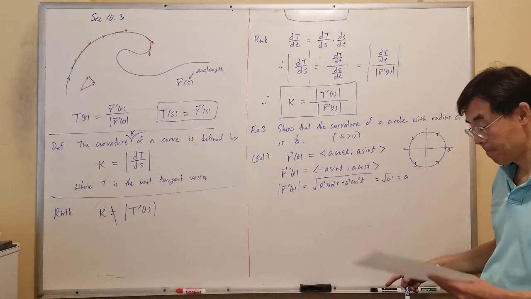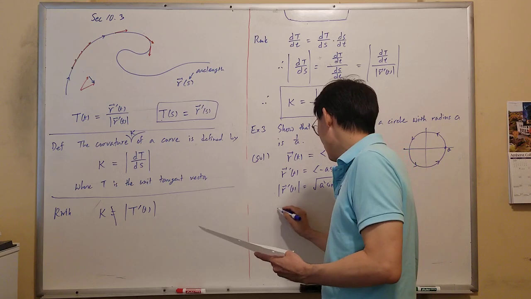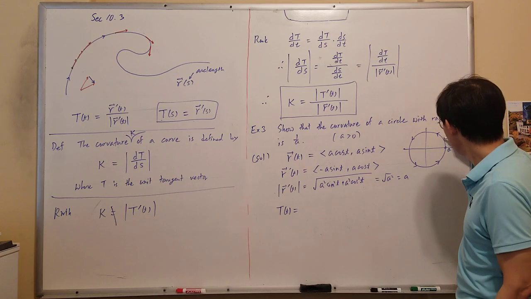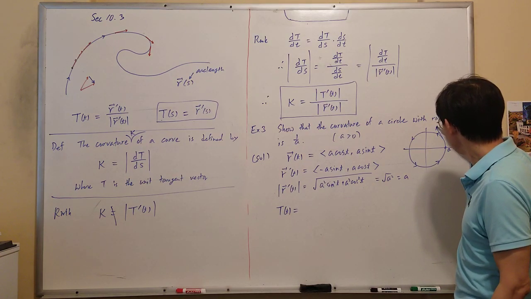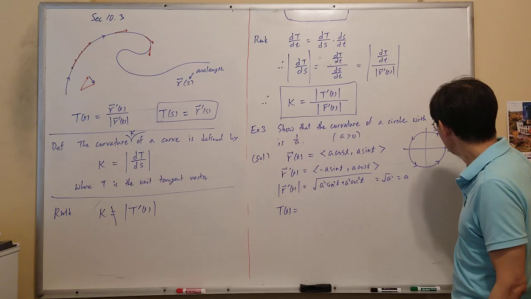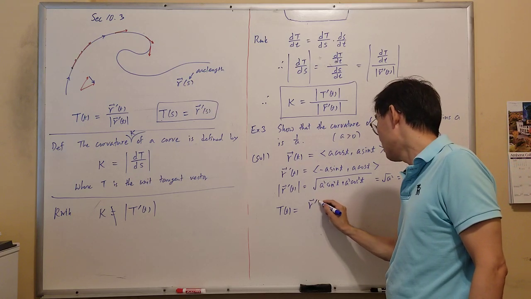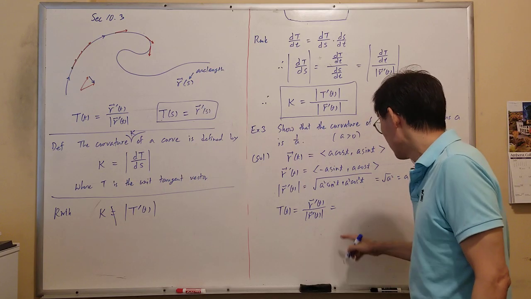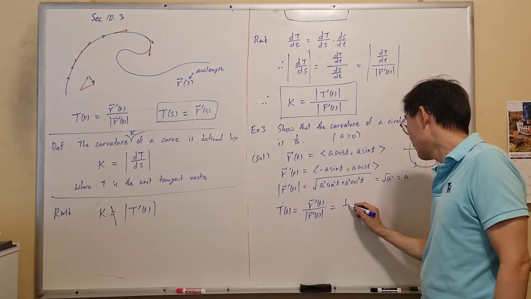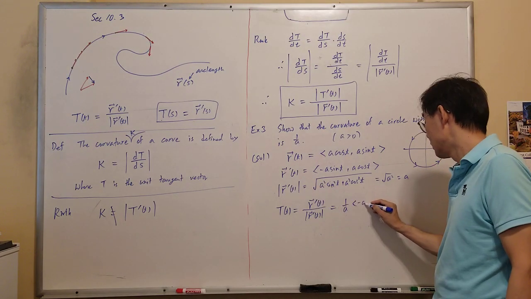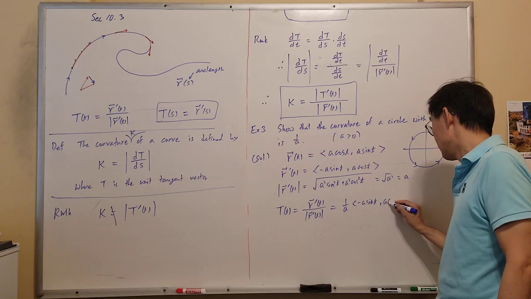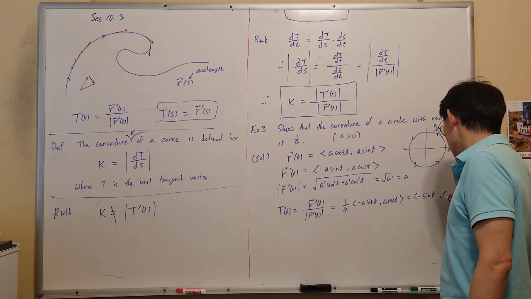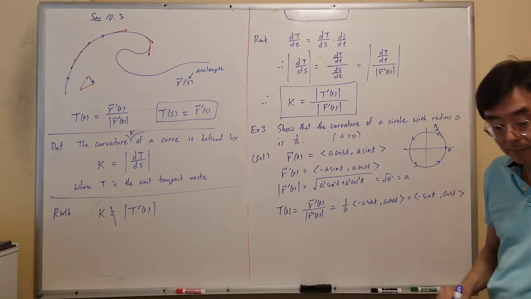Okay? And what is T of t? The unit tangent vector. We know that r prime of t is tangent here. Okay? We have to make it length 1. So T of t by definition is r prime of t over its magnitude. The magnitude is a, so 1 over a times r prime of t. So it's minus sine t, cosine t.